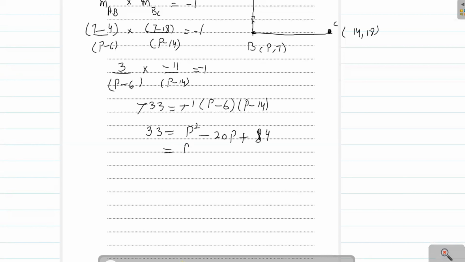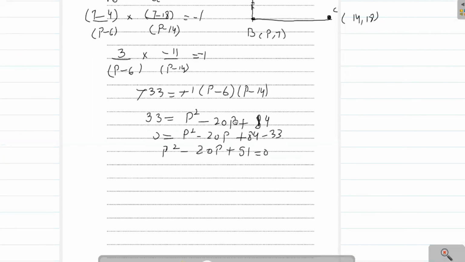Now we can write this P square minus 20P plus 84 minus 33 equal to 0, which is P square minus 20P plus 51 equal to 0.